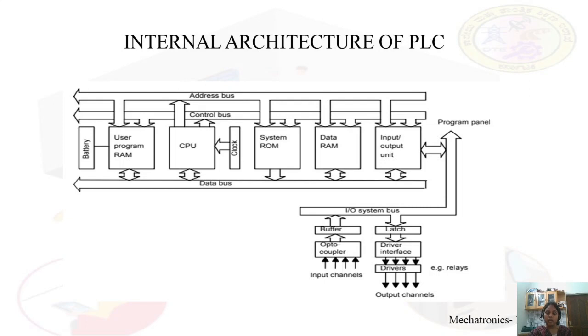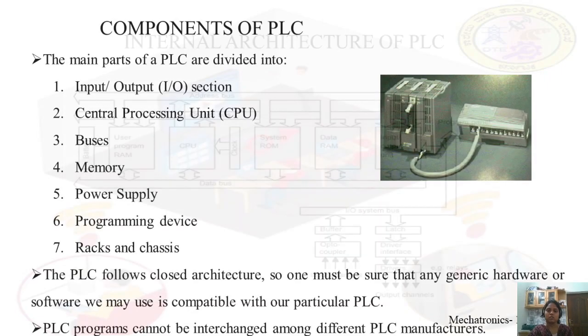But from input channels to the CPU, it should be between plus 5 to minus 5 volt, and from CPU to the output module, it should be between plus 5 volt to minus 5 volt. If it is more than that, it will damage the processing unit. Understood?